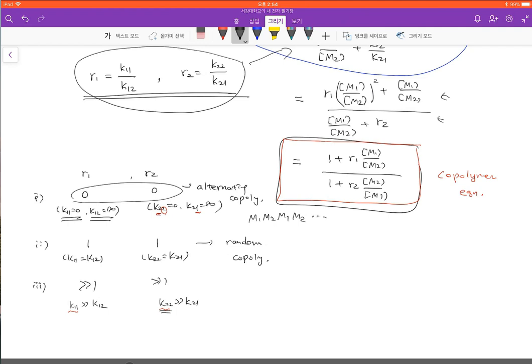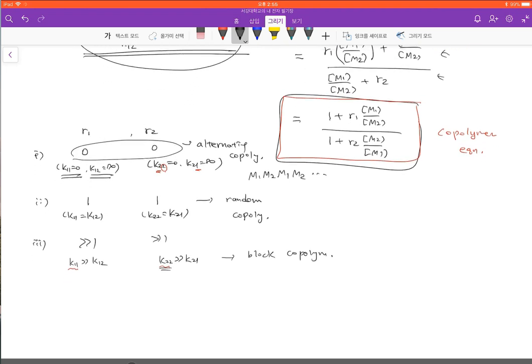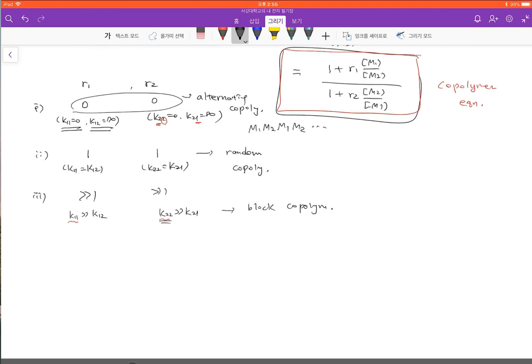And somehow if radical M1 reacts with M2, then since K22 is much greater than K21, it will also form M2 polymer. So they will basically form a block copolymer. So it all depends on the relative values of R1 and R2.